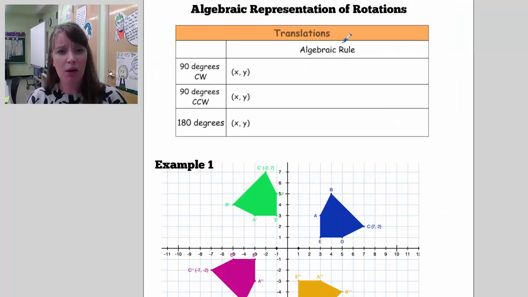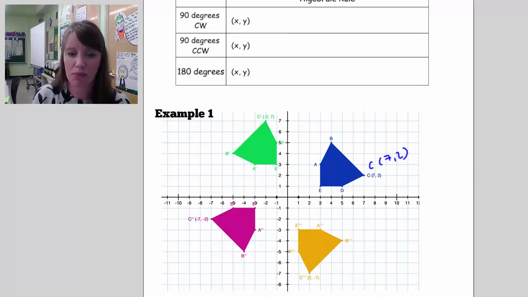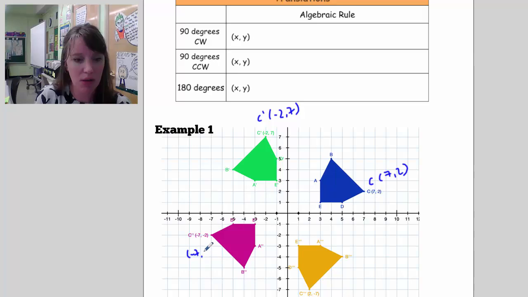Okay, and finally, the algebraic representation of rotation. In order to write this down, I wanted to point out the same example that we had in the rotation video. If we had C double prime, it would be (-7, -2).